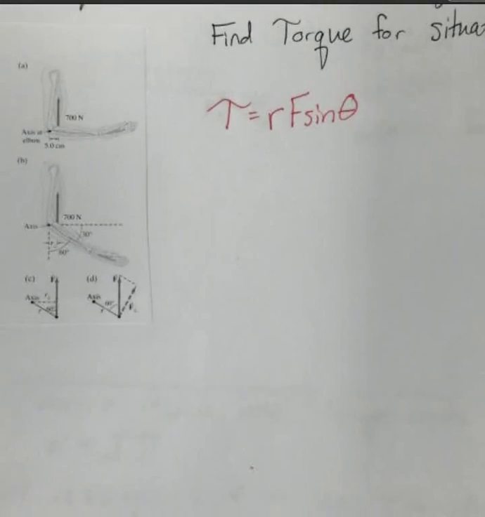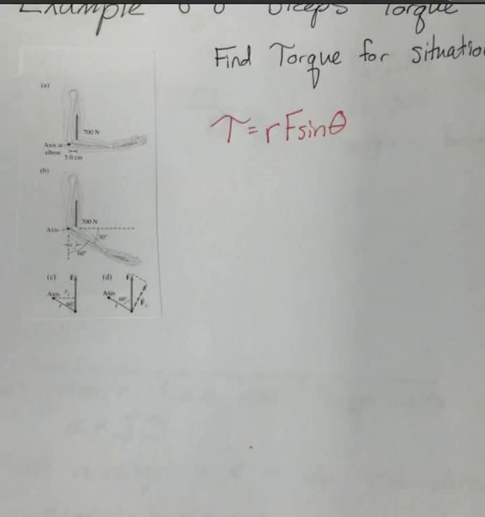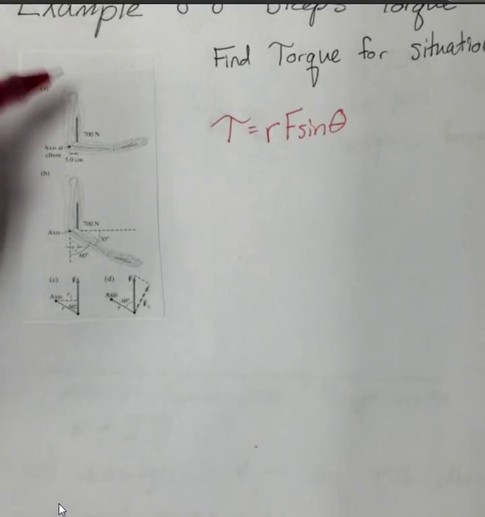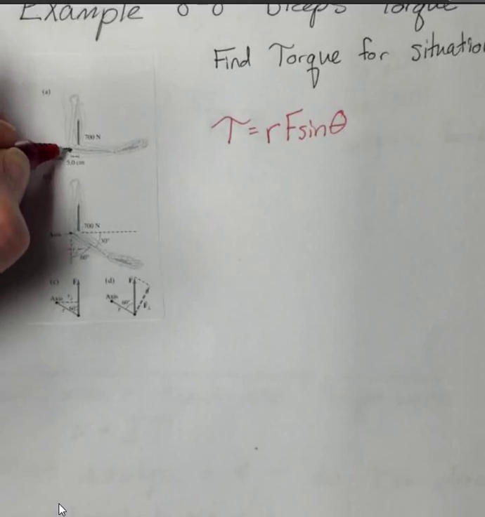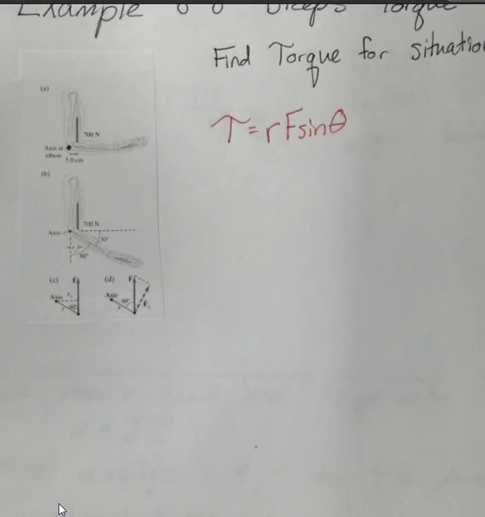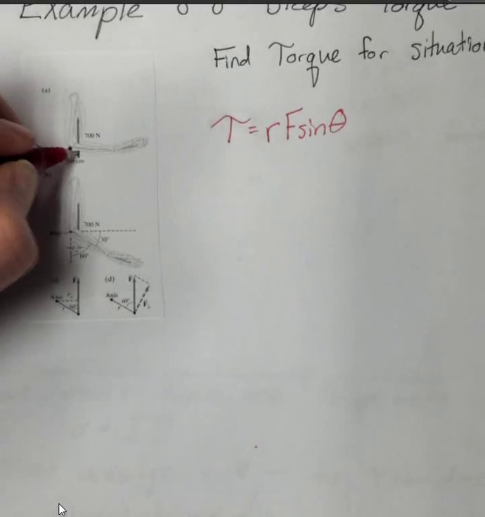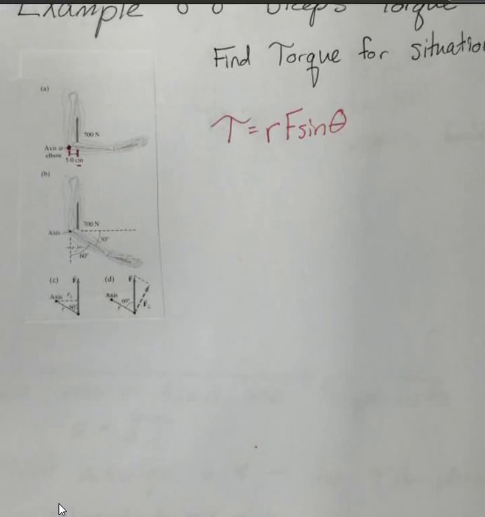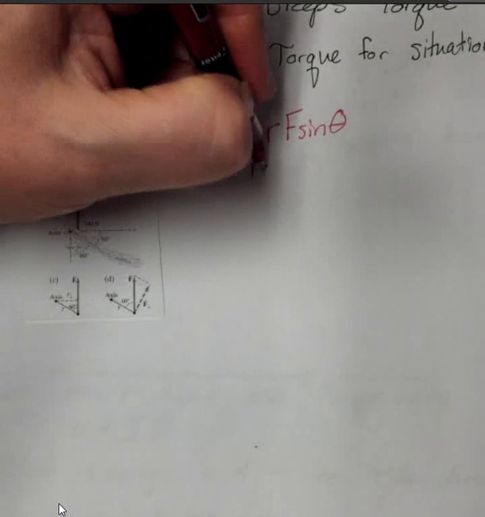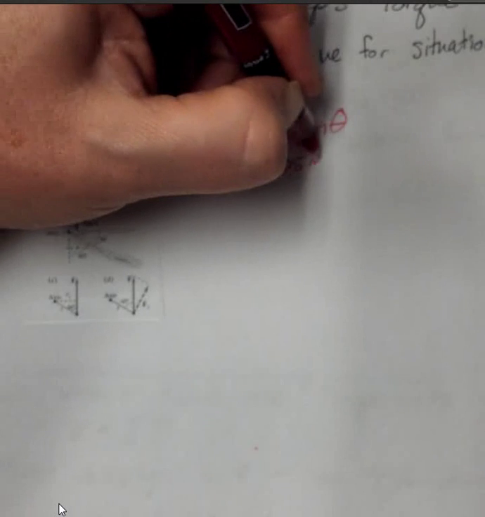And since our torque is given by that calculation, then we can dive straight into A. One more piece of information here is that they said that your elbow is the axis of rotation, and the muscle is attached 5 centimeters away from the elbow. So here, R is going to be equal to 0.05 meters.